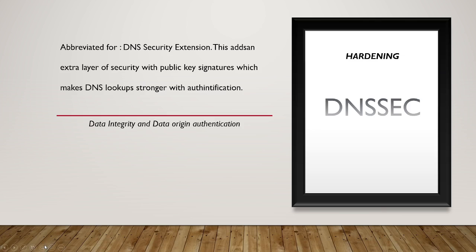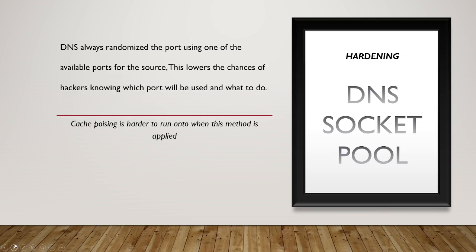Next, we have DNS socket pool. Now, this was kind of my favorite one. I like this one. It reminded me of a game. Essentially, there's a list of ports that the source can be put on, and what it does is it randomizes it each time. So if you're a hacker and you say, okay, this time it was on port whatever, you can't think that it was port 225 or something like that.